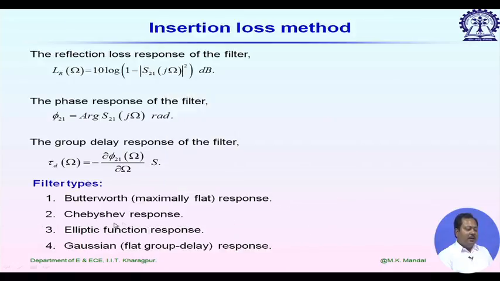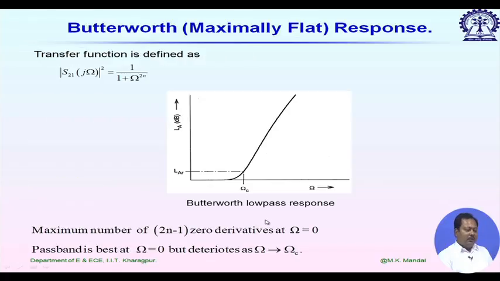In this regard, you can use Gaussian response, which will have a flat group delay, theoretically no group delay variation over the whole bandwidth, but its attenuation response is poorest among all these four. And this third one, elliptic function response, shows ripples both in passband as well as in stop band, and it has maximum group delay variation inside the bandwidth.